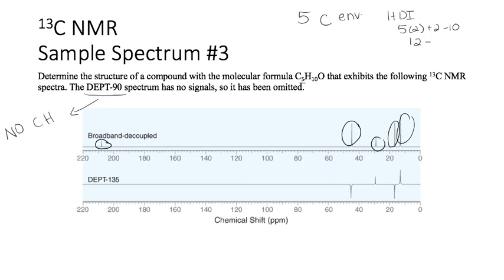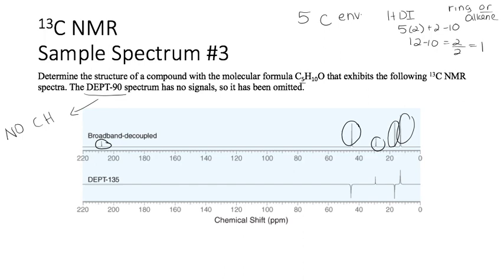So I have 12 minus 10, which equals 2. Divided by 2 gives me an HDI of 1. So that means I either have a ring or some type of alkene or double bond going on here. When I make this structure, those are some things I can think about.